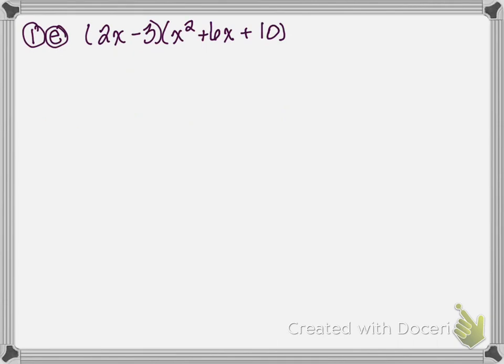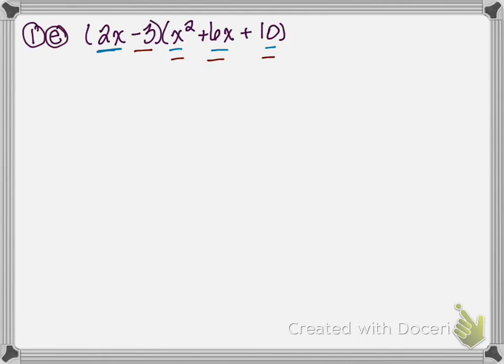Here we are multiplying. We have 2x minus 3 and we have x squared plus 6x plus 10. What we have to do is take our 2x and multiply it times each term in our trinomial. Then I am going to take negative 3 and multiply it times each term in our trinomial.